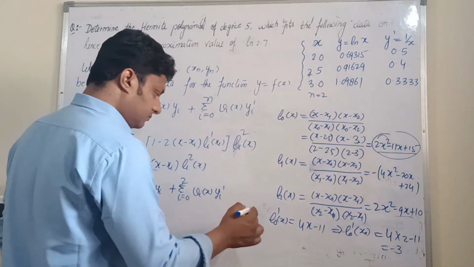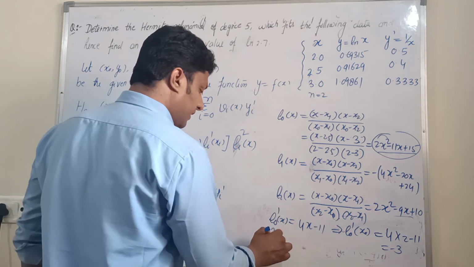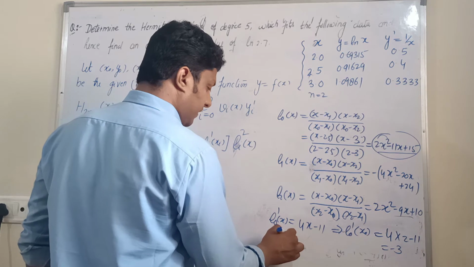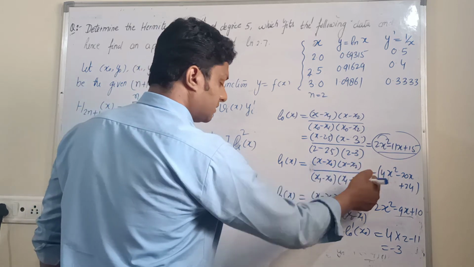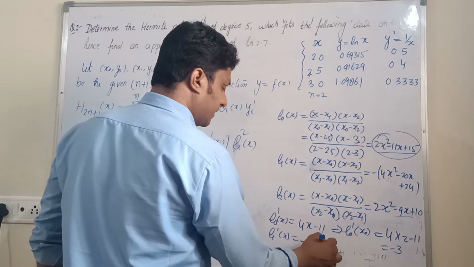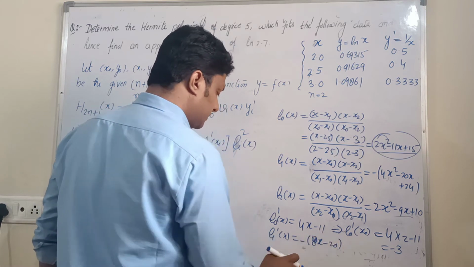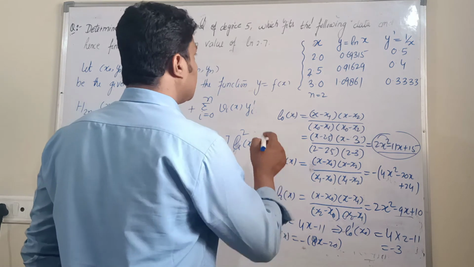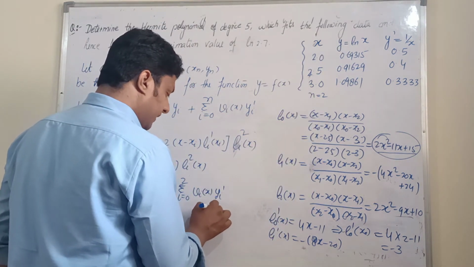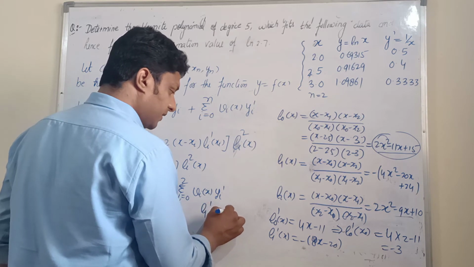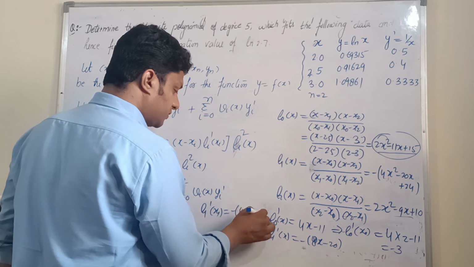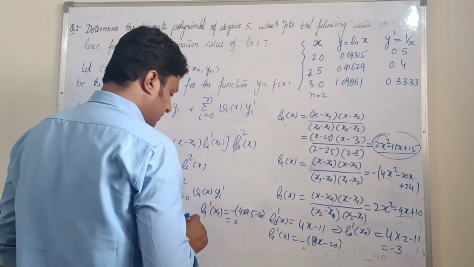Similarly, we will find L1'(x), that is −8x + 20, and we write it here. L1'(x) at the point x1 will be −4 into 2.5 + 20, which equals 0.